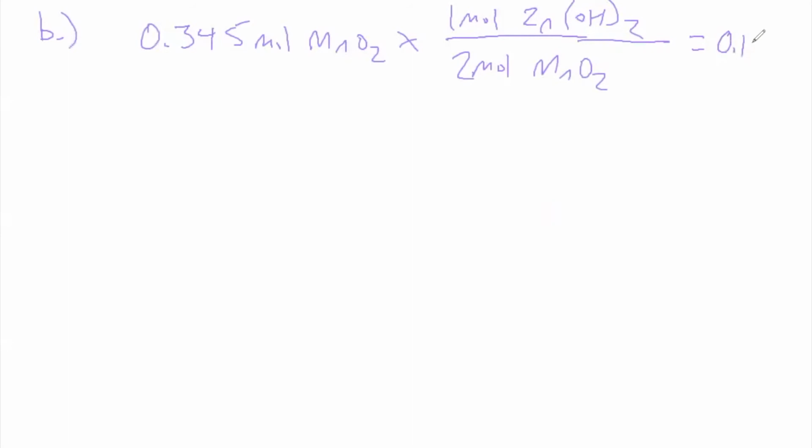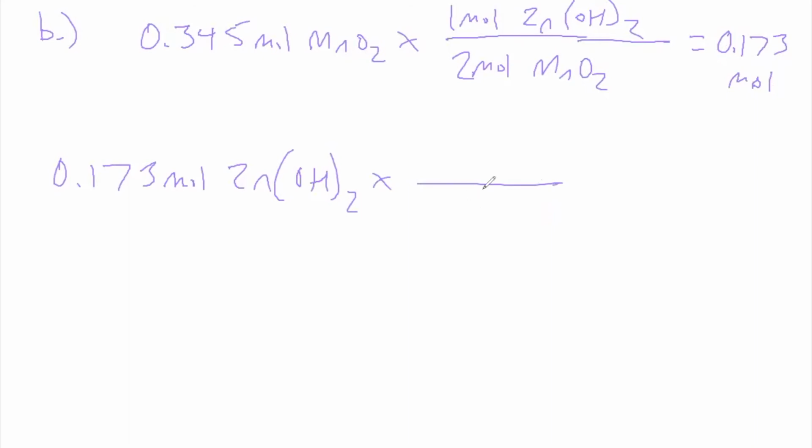So that gives us 0.173. Now they're asking for the mass, so we can convert from moles to mass. The molar mass of zinc hydroxide is 99.42. And that gives us 17.2 grams.